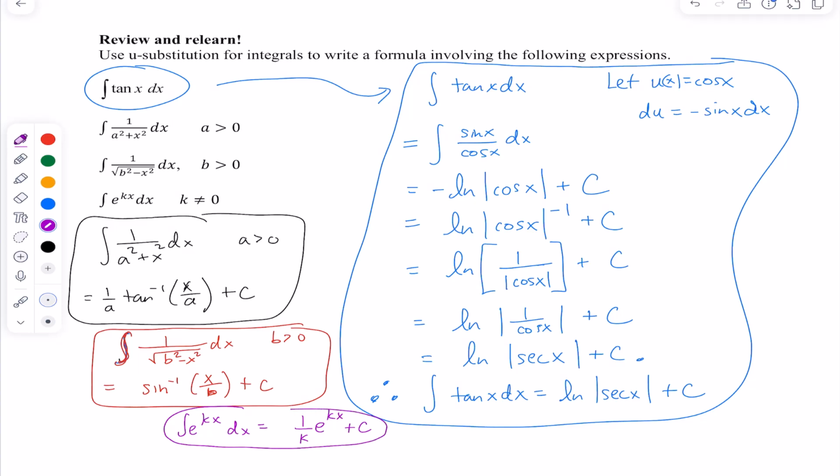And you could check these indefinite integrals with the derivative of your family of antiderivatives to get the continuous function that you started with.